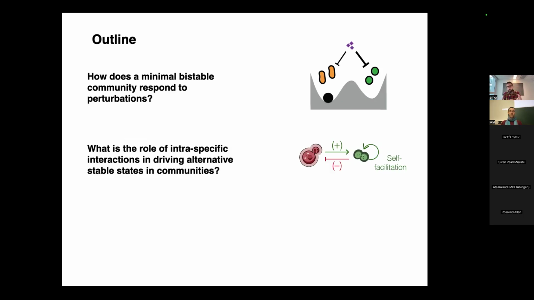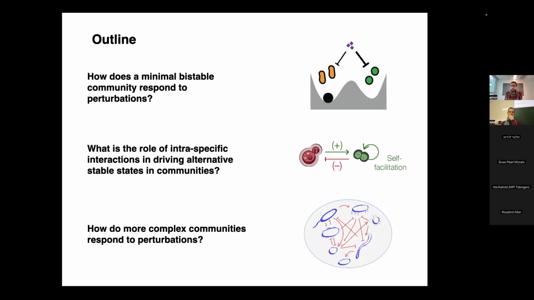In the main part of the talk, I will be explaining how different kinds of cooperative interactions influence these alternative stable states. And at the very end, I will briefly mention what we are currently working on in our group, which is all work in progress. I will be happy to discuss any questions you may have.